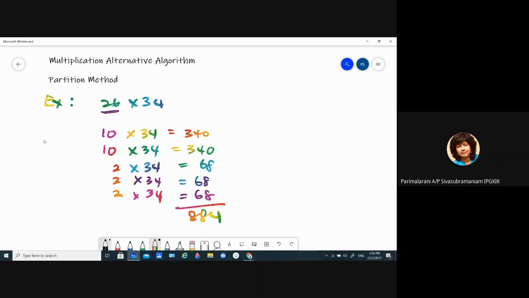Or you can partition the second number, 26 times 34, okay? So we break 34, 10, 10, 10, and 2, because it's easy to multiply by 2, just double it, okay? So times by 26, we keep 26.